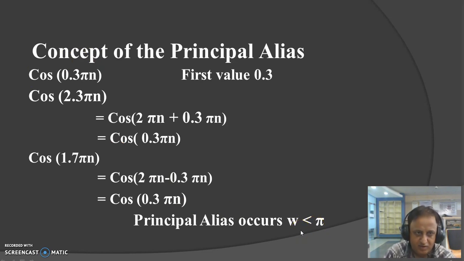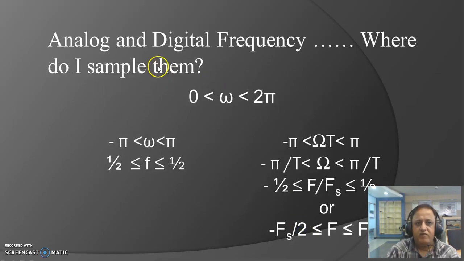Now, why did we introduce aliasing here? Because when we are thinking of analog and digital frequencies, where do I sample these particular frequencies? One thing is, I could sample omega between 0 and 2 pi, just because of the periodicity of omega, but we also observe that the principal alias occurs less than pi.